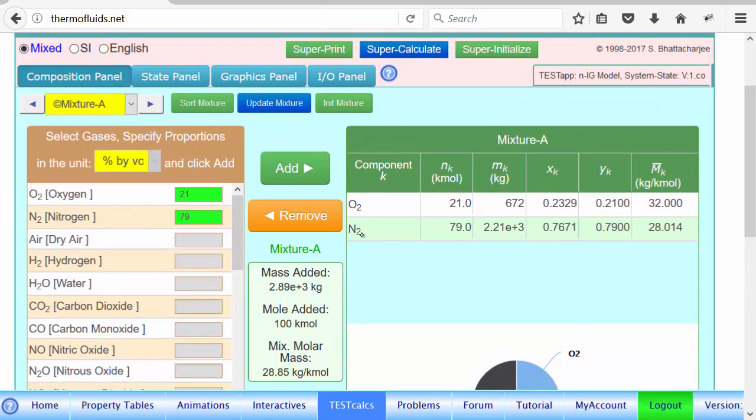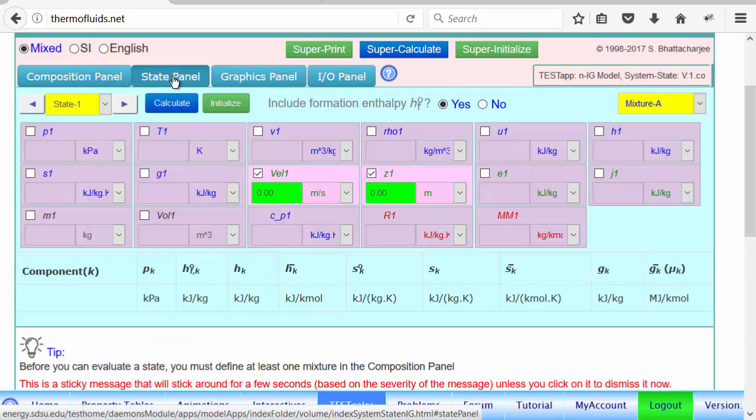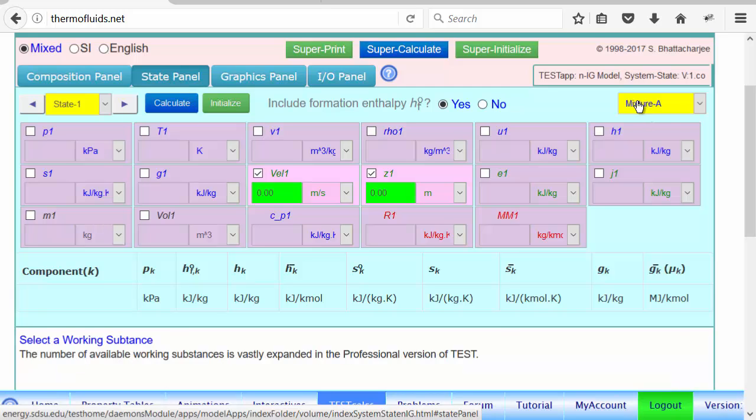Properties of oxygen and nitrogen, the mass fraction and the amount of mass we have added are all shown here. These are all proportional mass, so it doesn't matter what is in here. If you go to the state panel, we have already composed mixture A as a combination of oxygen and nitrogen, so that represents air in this case.